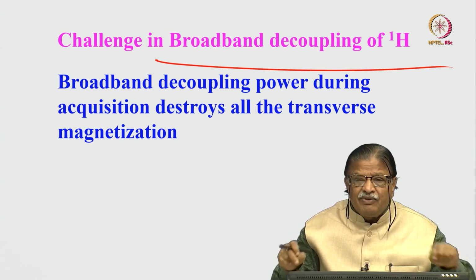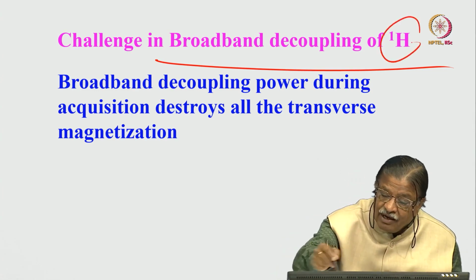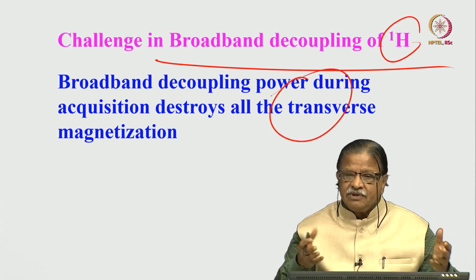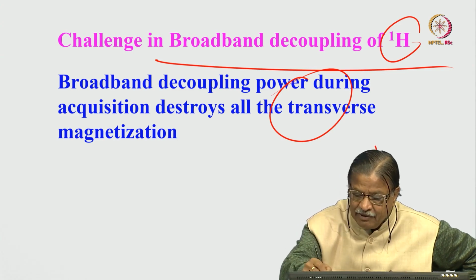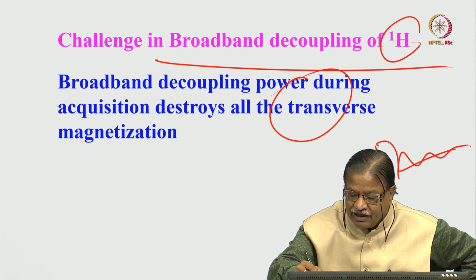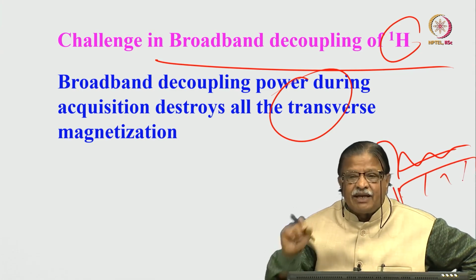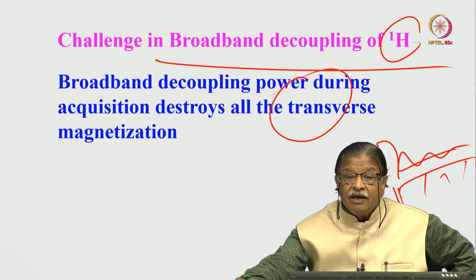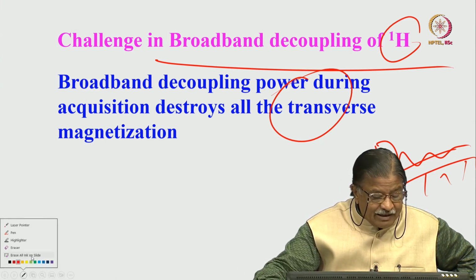But here, it is broadband decoupling of proton while we observe the proton. Remember, you have to apply the decoupling power at the time of detecting. That is a challenge here.